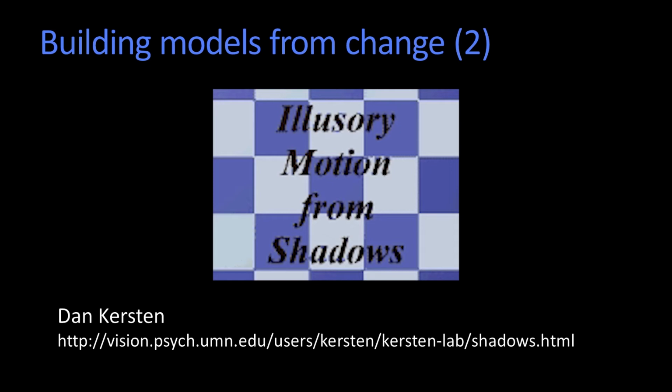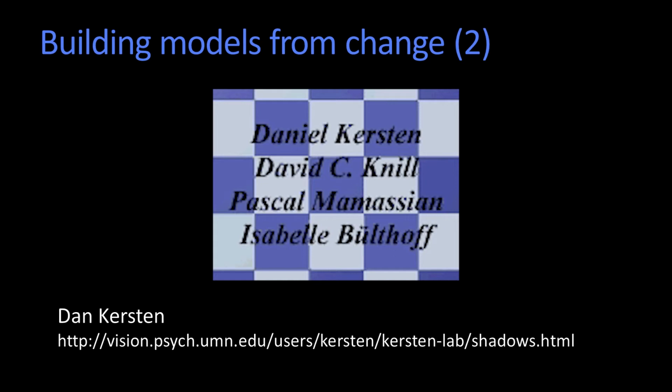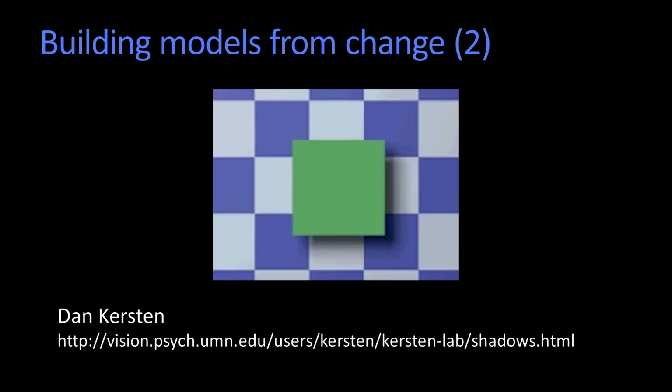So here's another example. What you're going to see is what looks like a green piece of paper or something on a checkerboard. You saw that green thing lift up, right? You saw it come right off the checkerboard, right? Let's do it again, all right? Here we go. It comes up off the checkerboard, right? Just look at the top left-hand corner of that green thing, and you will see that absolutely nothing moves. None of the green pixels move at all.